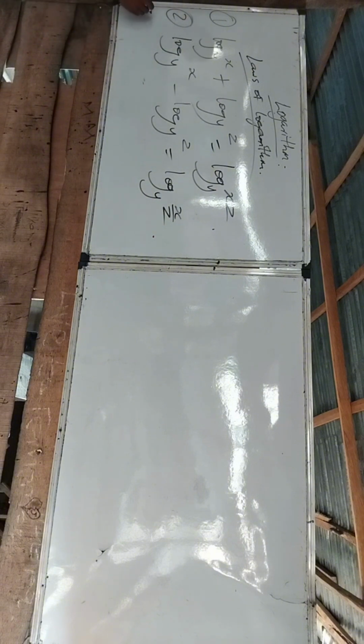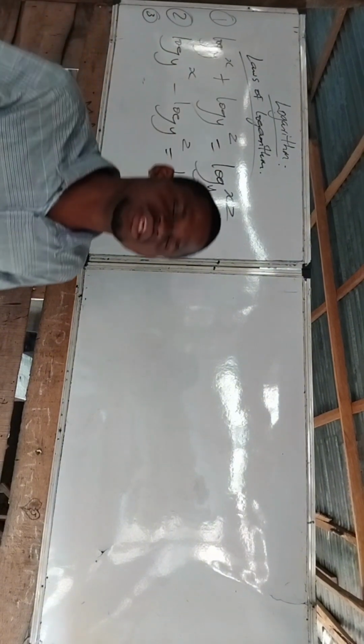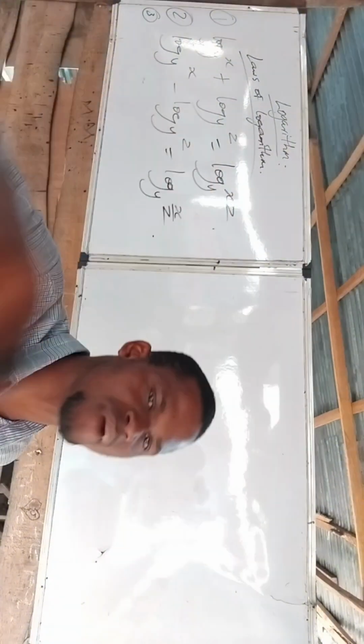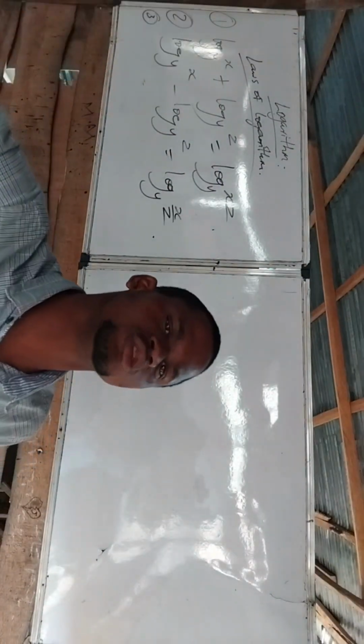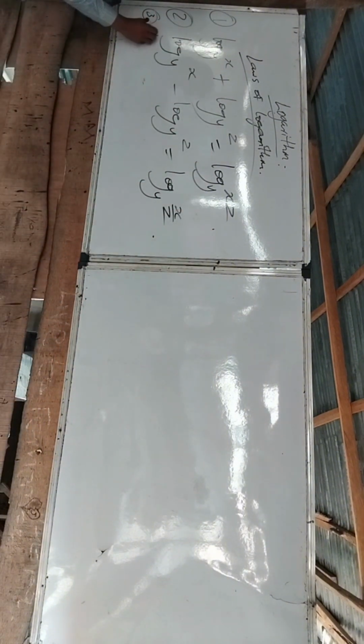Another law said that whenever the number has a power, use the power to multiply the logarithm. If you have something like log s raised to the power of z base y, the number here is s, while the base here is y.